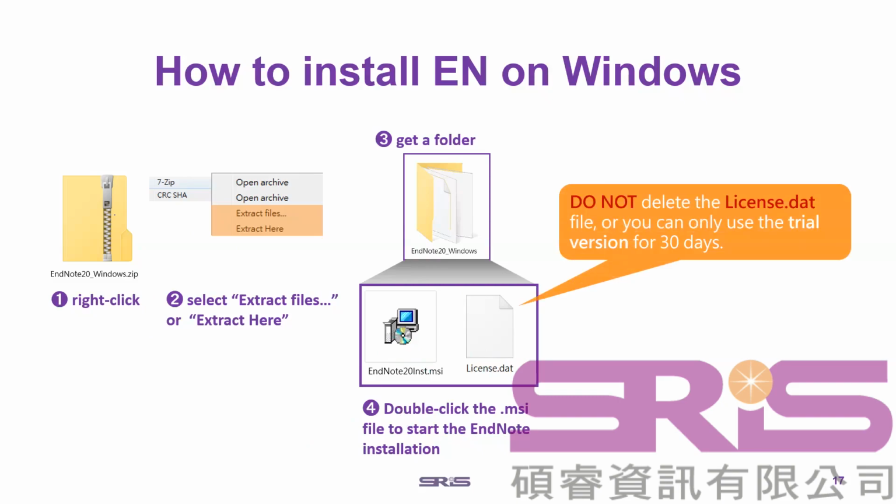So after you close all the Office programs on your computer, you can start to double click this MSI file to start the installation. But remember not to throw away this license file because it's very important to install EndNote, or you can only use the trial version for 30 days.